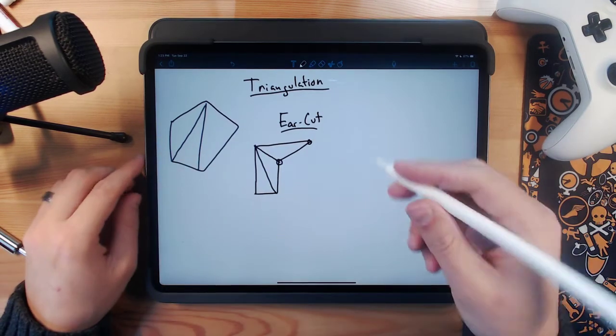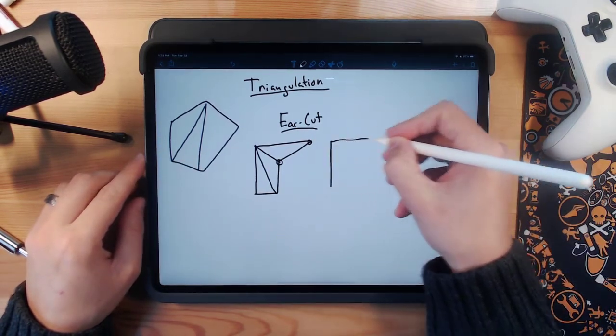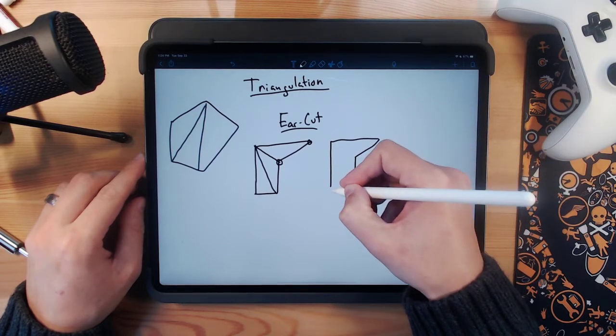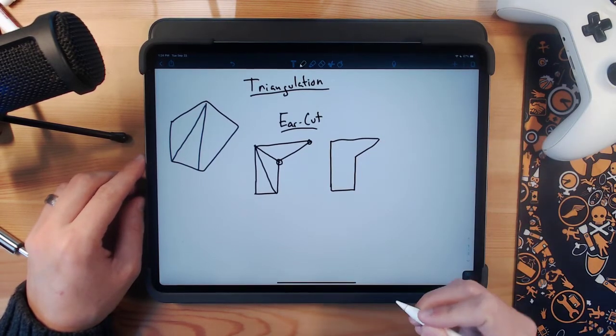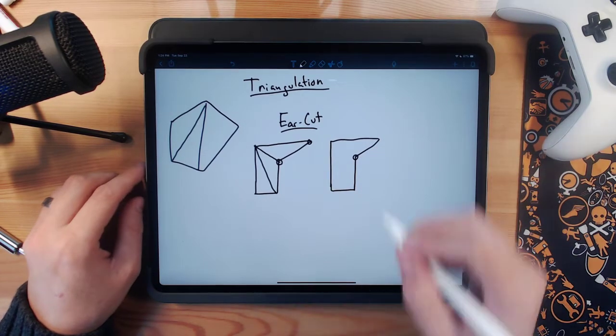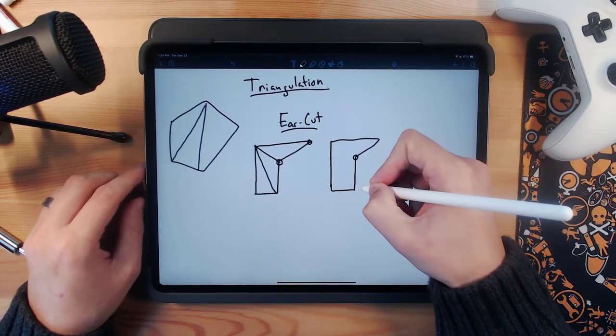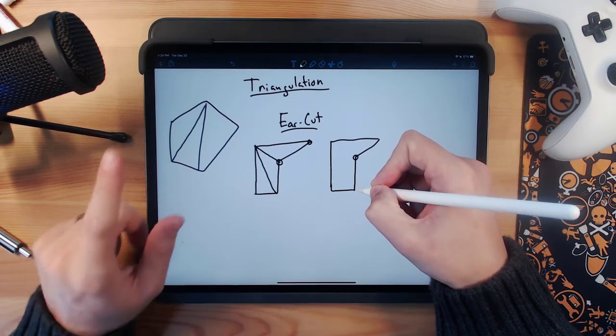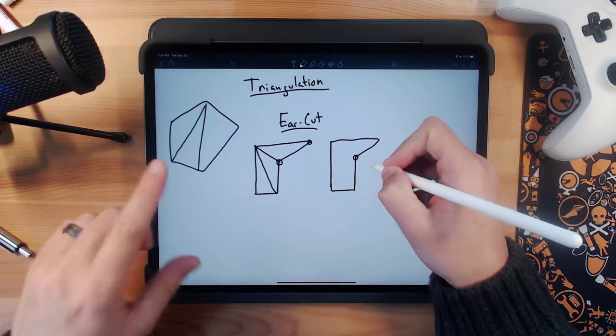Let's take another look at when the edges potentially could not generate a triangle. Let's say that first we explore this vertex here. It would look at the 2 adjacent vertices and determine if it could cut off these three into its own triangle.